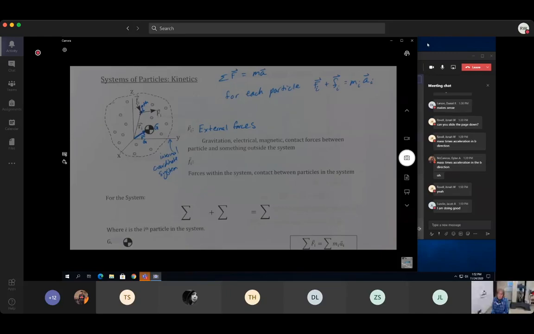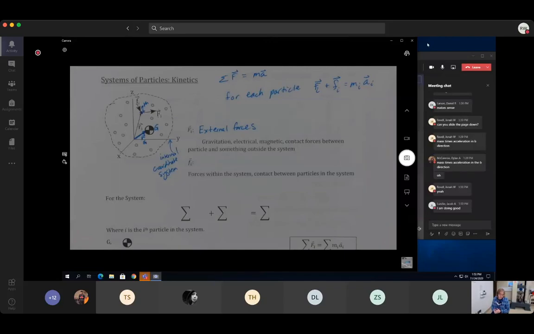Okay, so if we had a system that was contained in a box, the sides of the box might be exerting external forces on particles bouncing around inside of the box. But those would be considered external forces because they're acting on the system rather than within the system.